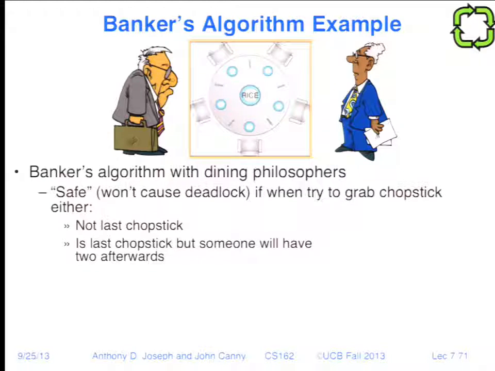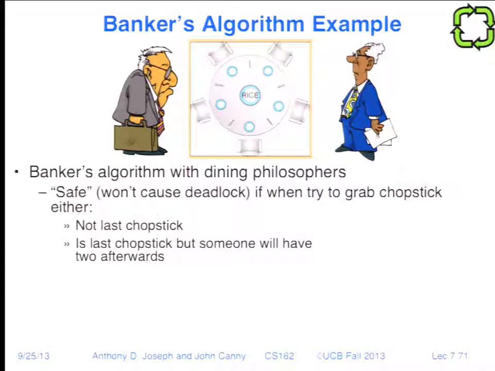There are some situations where we can examine what the philosophers actually did in the process and determine that we won't get deadlock if, when somebody grabs a chopstick, it's not the last chopstick, or it is the last chopstick, but somebody will have two of them afterwards. All right?